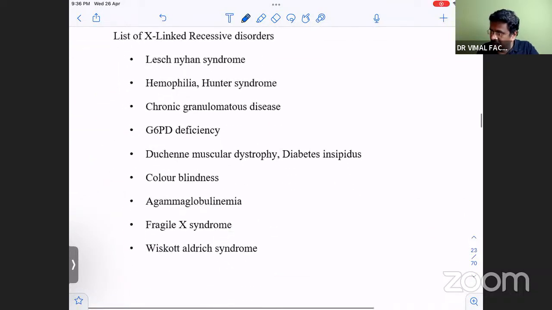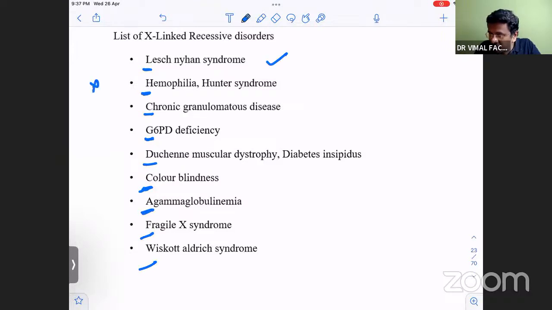And you know X-linked recessive, that is the mnemonic: Lady Hardinge College girls don't care about foolish words. Lady Hardinge College girls.